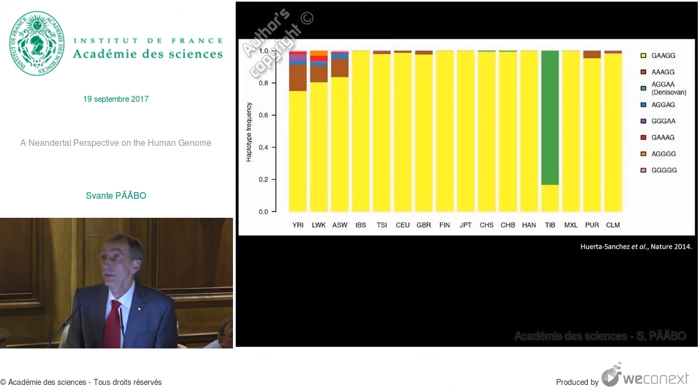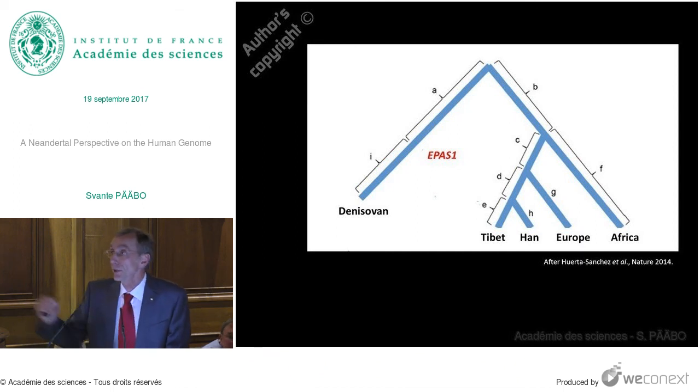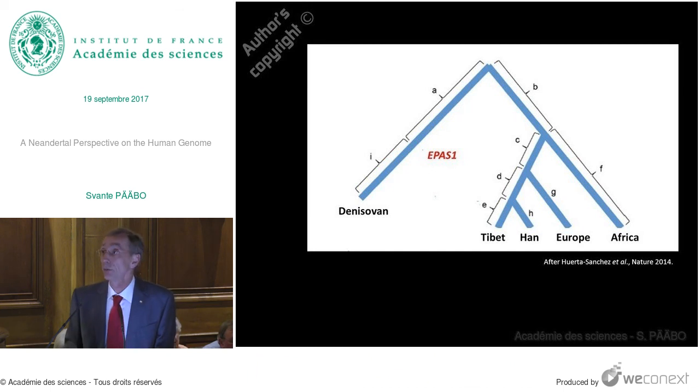And Rasmus Nielsen's group at Berkeley, with the help of the Denisovan genome, then showed that this variant has come over from Denisovans into the ancestors of Tibetans. So probably you would not have so big populations living at the Tibetan high plateau today if there wasn't this variant coming over from Denisovans.